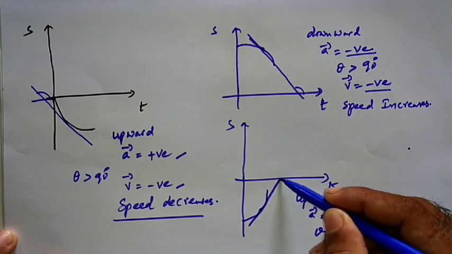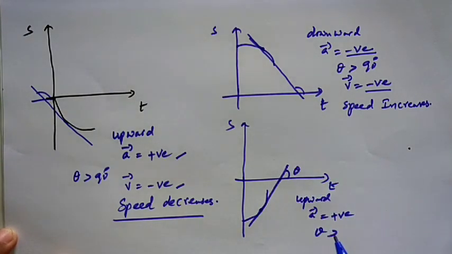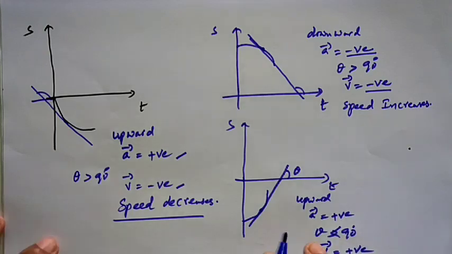Is theta greater than or less than 90? Less than 90 degrees. So velocity is positive. What about the speed? Increasing or decreasing? Speed increases.